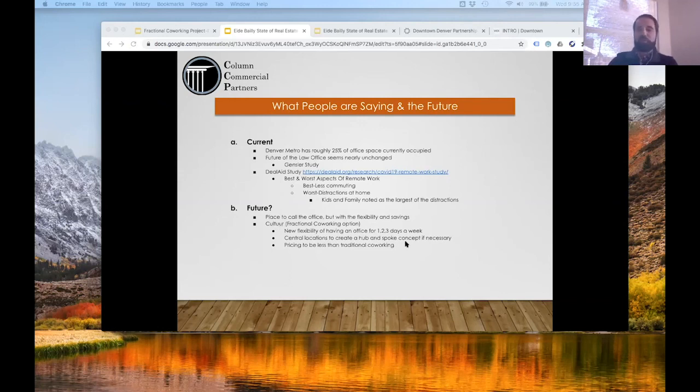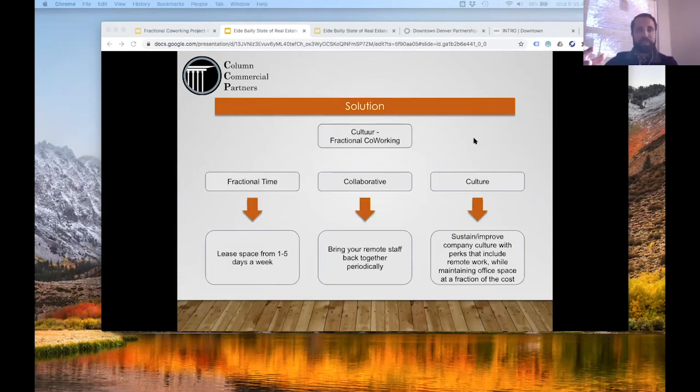But the CEOs that we've spoken to have really discussed the need to have some sort of flexibility. We don't want the financial obligation of a long-term lease 5 days a week. We don't want to spend the heavy money on traditional co-working, but we also want a place where we can have folks come and we can continue building on our culture as a business. We don't want to lose that by sending everybody out into the remote workforce and never having an in-person touch base.